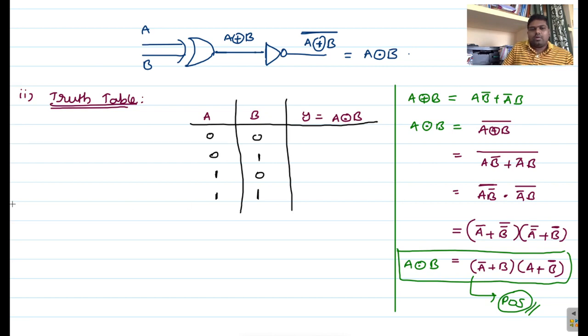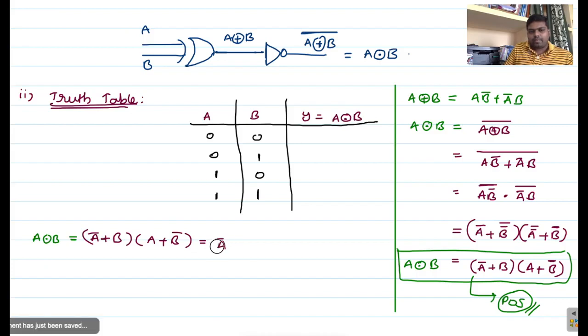Now for the same thing we need to calculate the sum of product equation, right? So first you can take this A XNOR B in product of sum, that is (A bar plus B) into (A plus B bar). Now you can simplify this entire equation. Then what you will get: A bar into A, plus A bar into B bar, plus B into A, plus B into B bar.